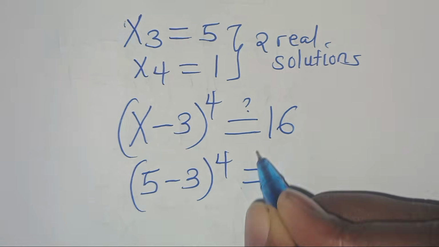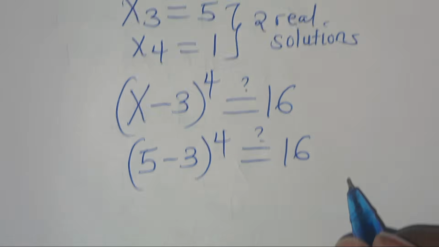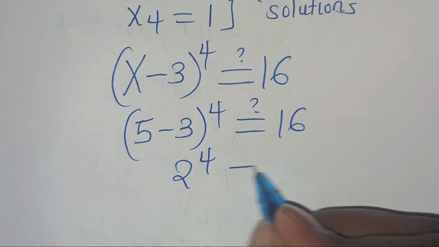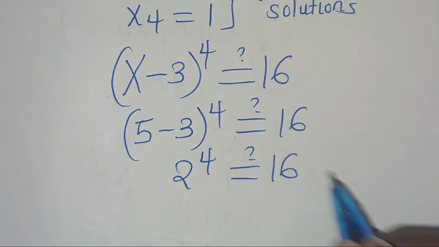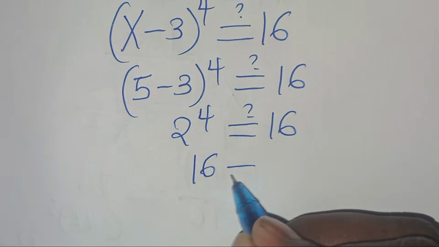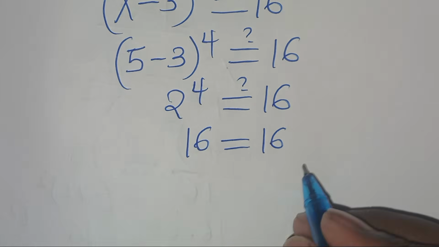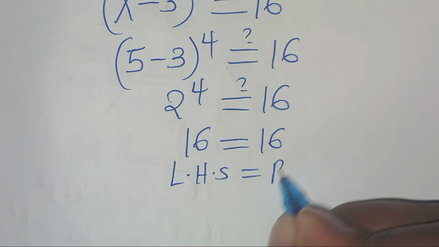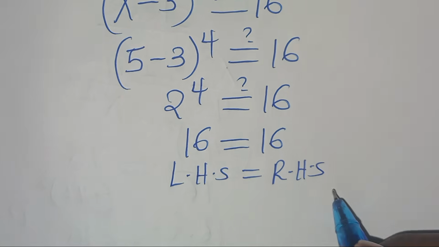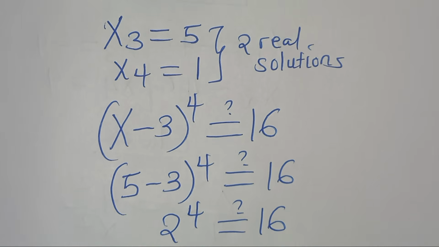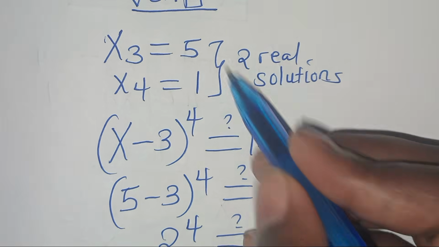This should give us 16. 5 minus 3 is 2, raised to the power of 4. 2 to the power of 4 is 16, and this is equal to 16. So the left hand side is equal to the right hand side, and this affirms that x3, which is equal to 5, satisfies the equation.